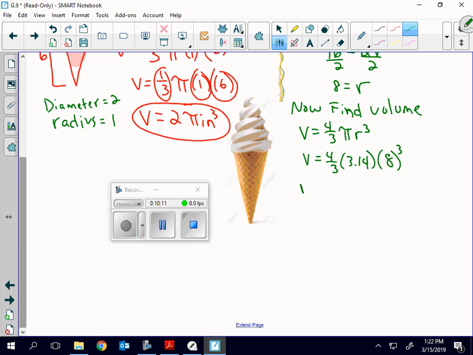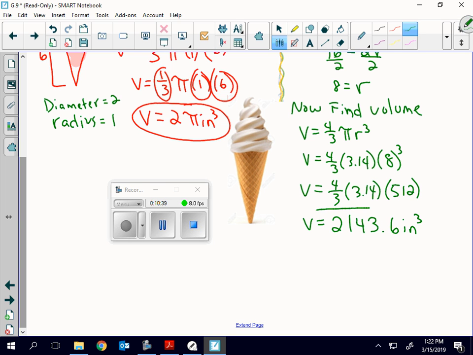Then we multiply in our calculator 4/3 times 3.14 times 8 cubed, which is 512. Go ahead and multiply that in your calculator. I rounded to the nearest tenth place, even though it didn't tell me to, just because it kept going. So I'm stopping here at 2143.6 inches cubed.